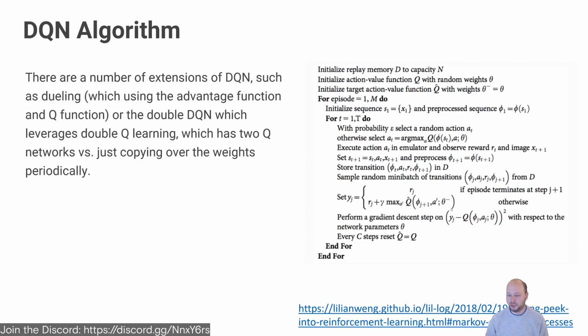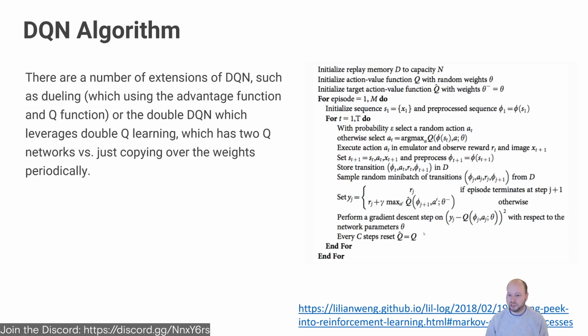Otherwise, the yj of that state is going to be the reward plus the gamma times this Q target. And keep in mind the target is with frozen weights, right? This theta minus, right? We've copied them. We'll talk about when we copy it again, but that's how we state the value of the next thing.